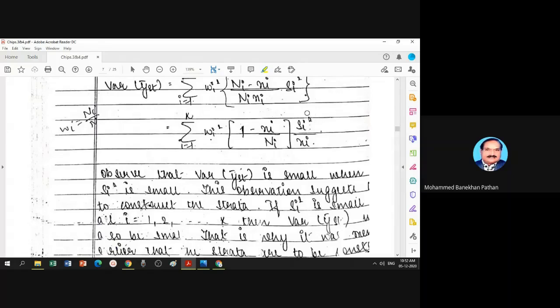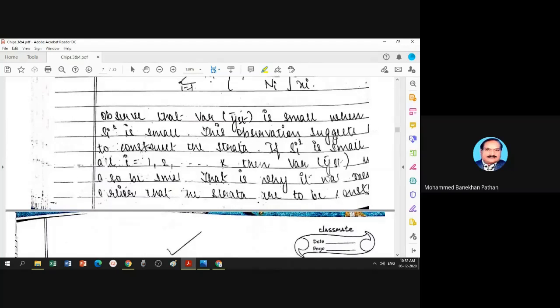So if your stratum is more homogeneous, the corresponding variance will be smaller. If stratum elements are more heterogeneous, then the variance will be large, and vice versa. These observations suggest how to construct the strata. We have to construct strata as far as possible homogeneous within and heterogeneous between.